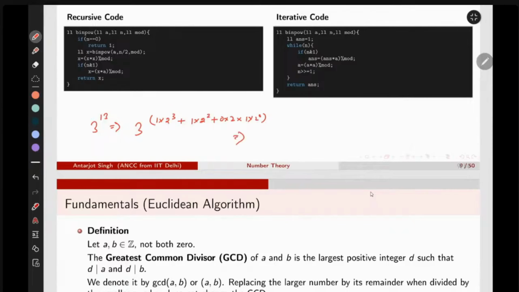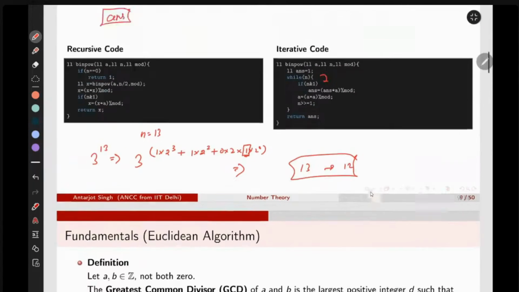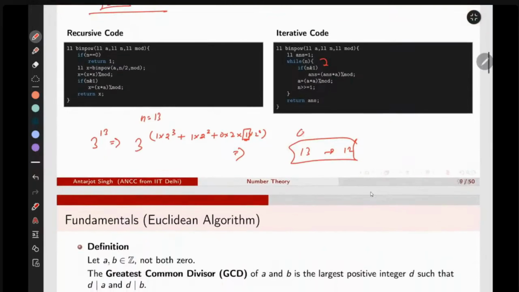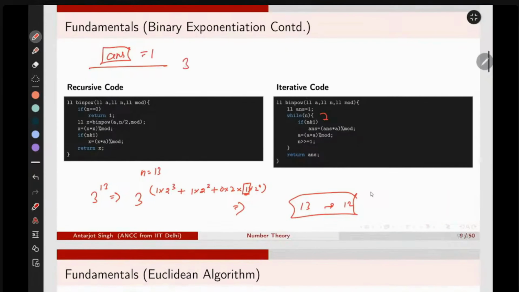So while n is not 0, what is n? n is 13 here. n is odd. As it's odd, you can see the bit here is 1. At the 0th step, the bit here is 1. So we have the answer as base, equal to 1, because x to the power 0 is 1. So we multiply the answer by a, so the answer becomes 3.